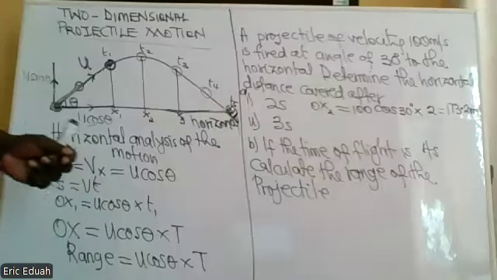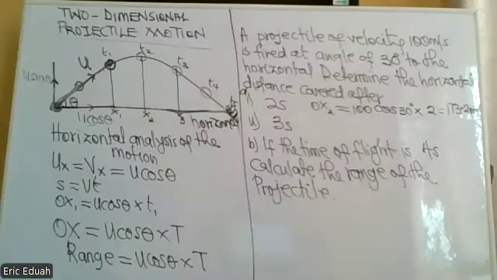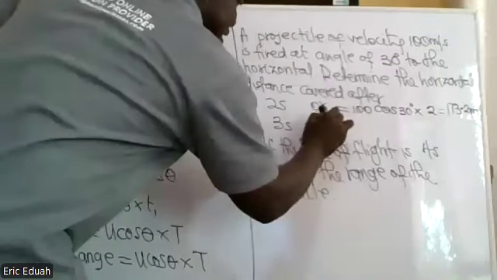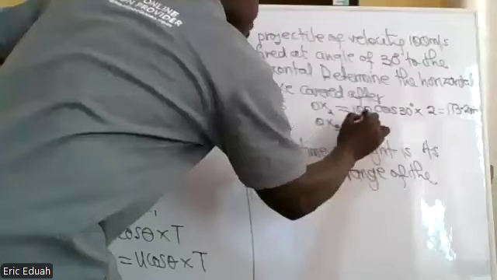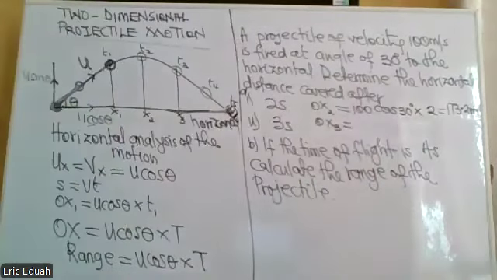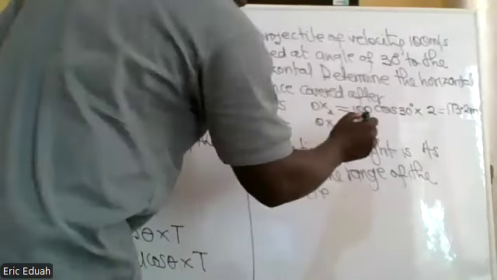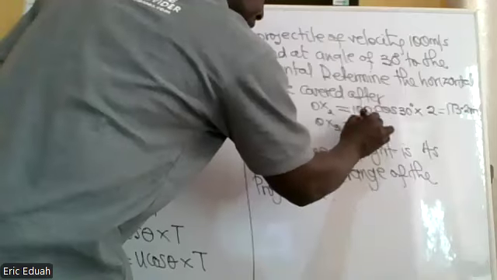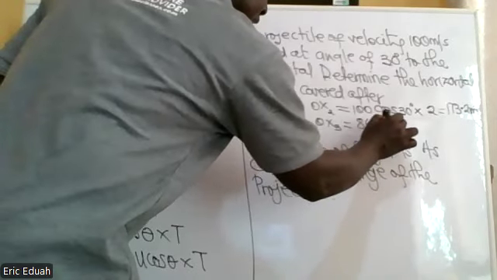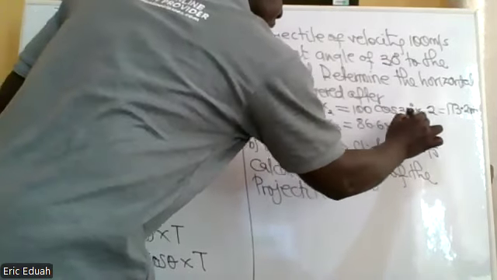Then the horizontal distance traveled after 3 seconds. OX3 would also be, the horizontal velocity is constant, so still 86.6 times 3.